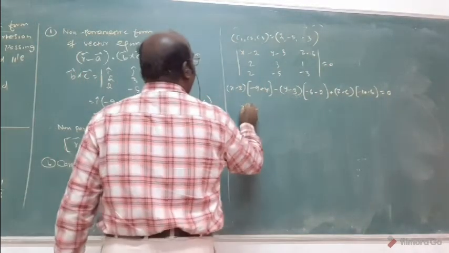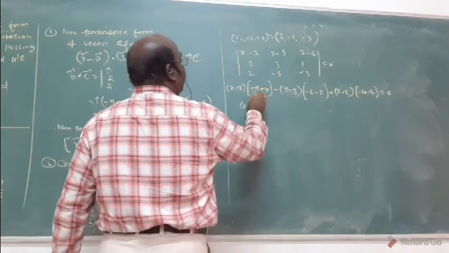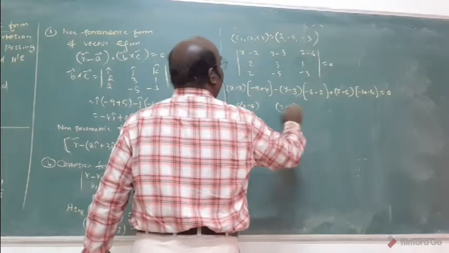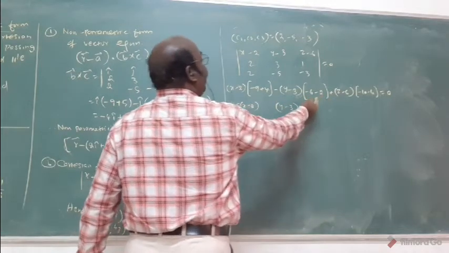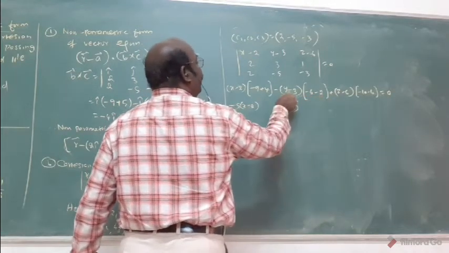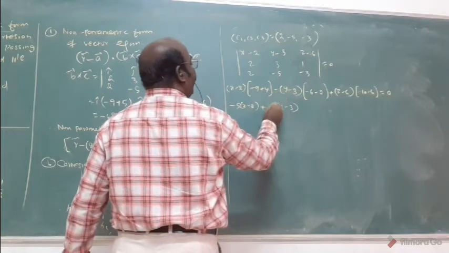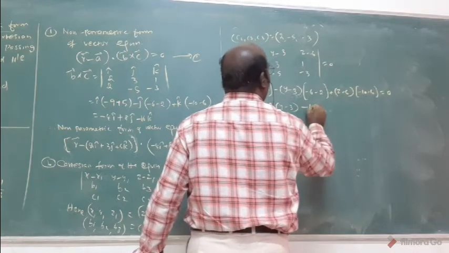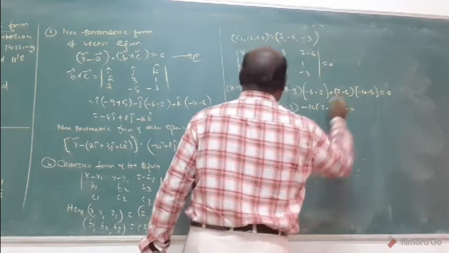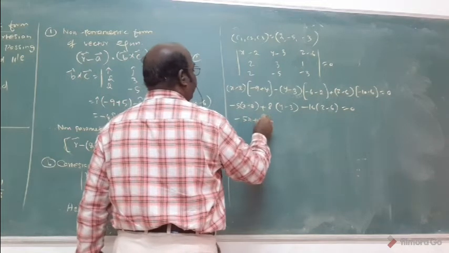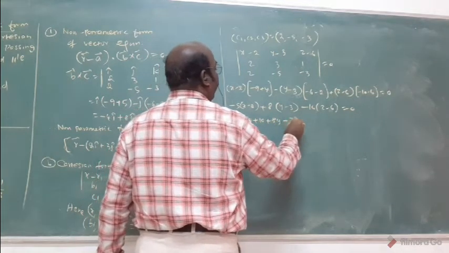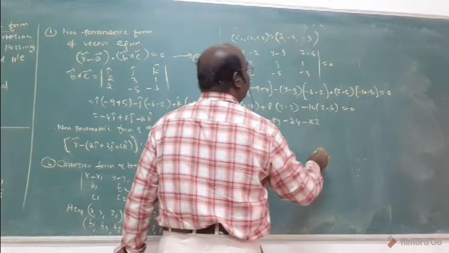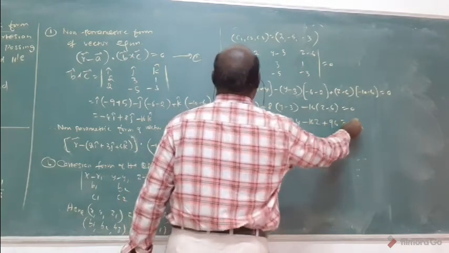Now simplify. x minus 2 times minus 5, y minus 3 times minus 8, and the z term. Here plus 6 minus 16 is minus 10. Now minus 5 times x gives plus 5x, 8y minus 24, and the minus 16 is there.